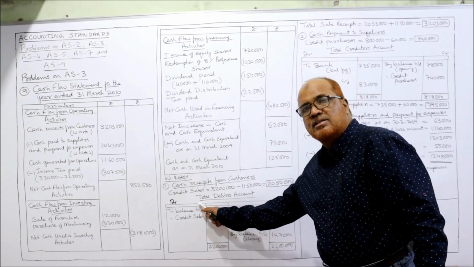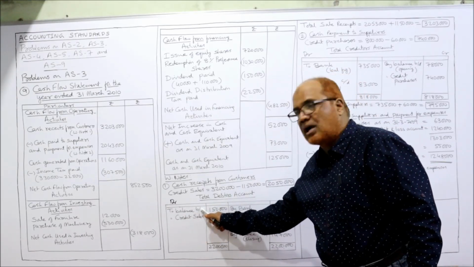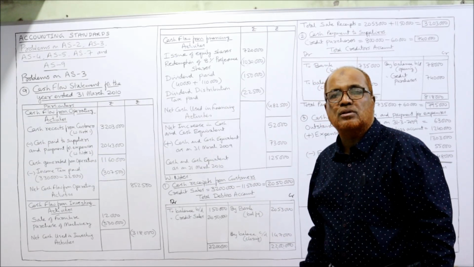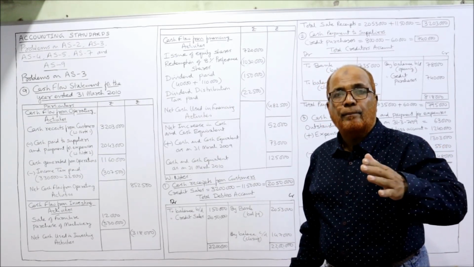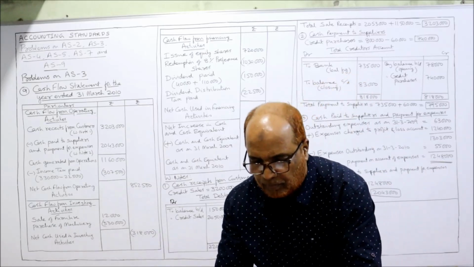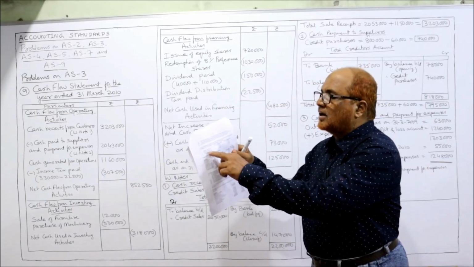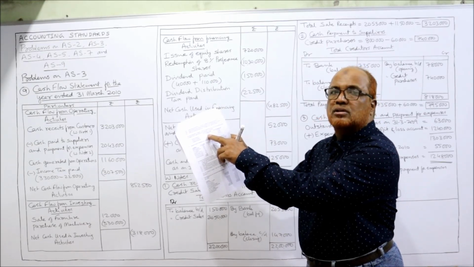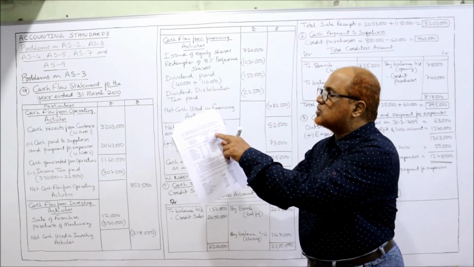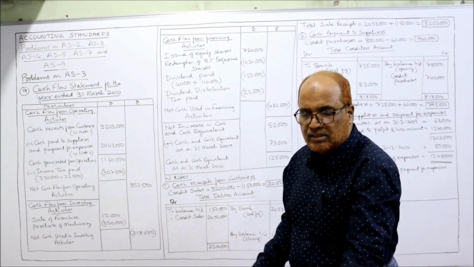So on the debtors debit side, balance brought down 1,50,000. This is the opening, the beginning of the year, given in the problem. You can see here sundry debtors on 31st March 2009, 1,50,000, and on 31st March 2010, 1,47,000.